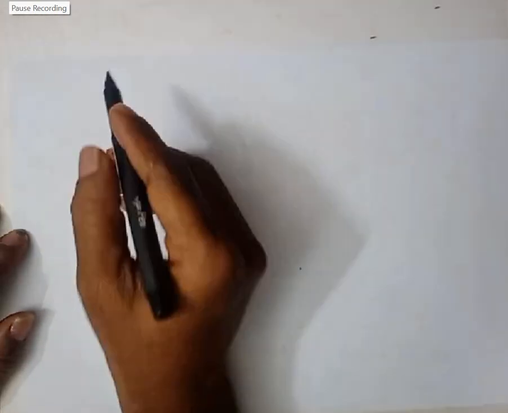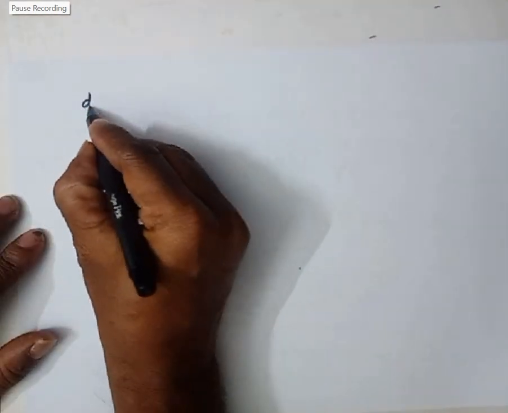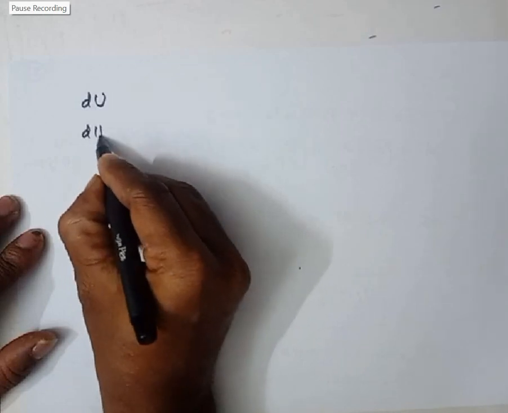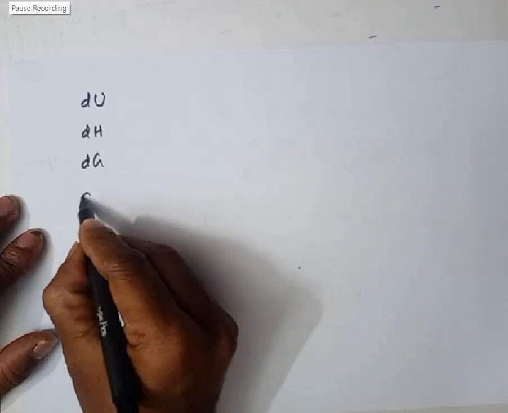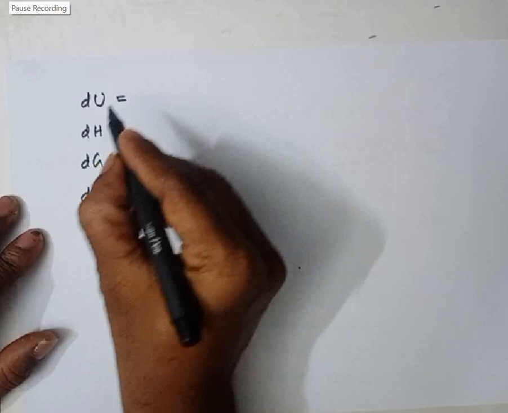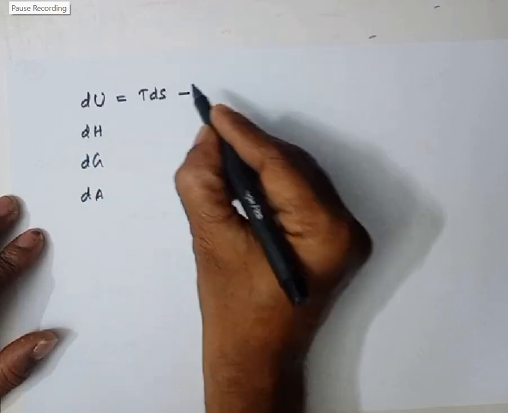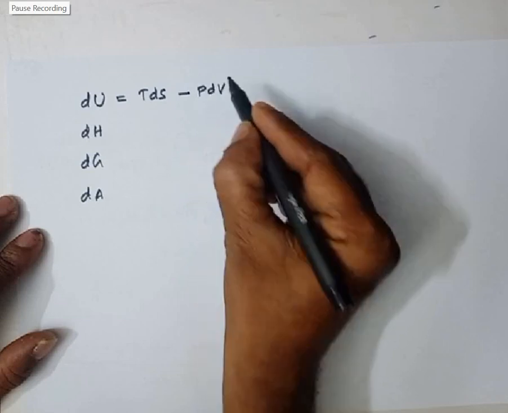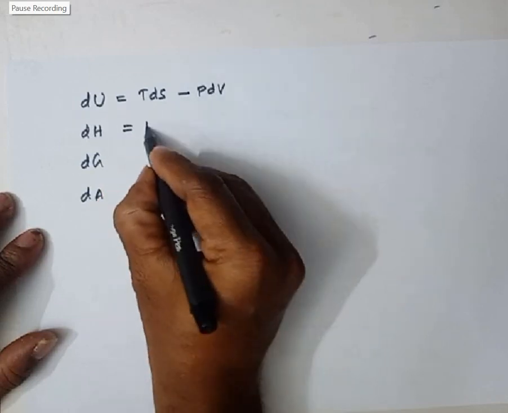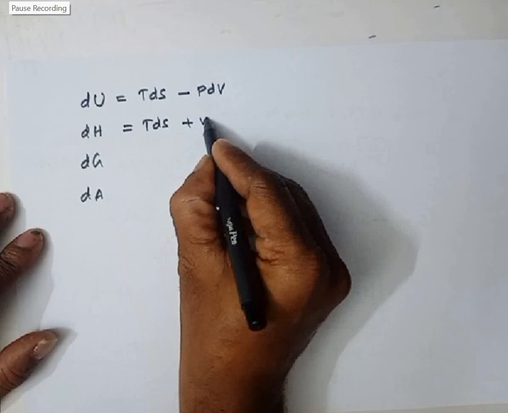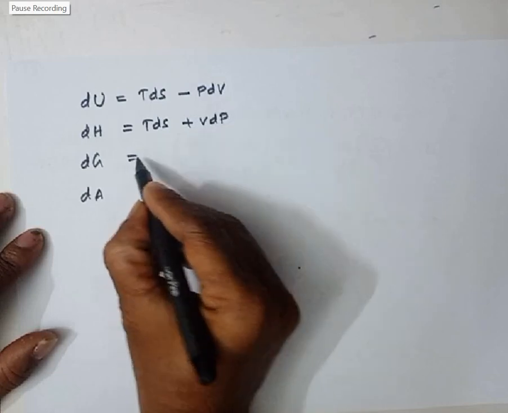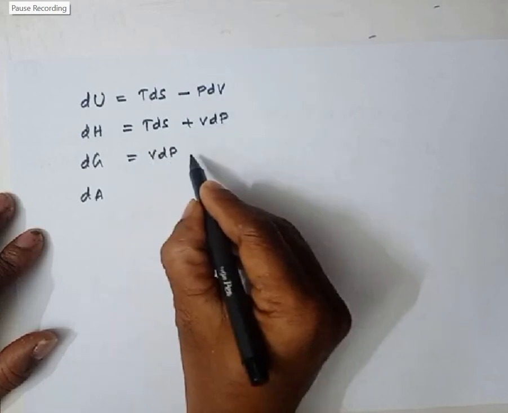You may be remembering these four equations of thermodynamics: dU, dH, dG, dA. Let me rewrite them. dU is equal to TdS minus PdV. dH is equal to TdS plus VdP. dG is equal to VdP minus SdT.